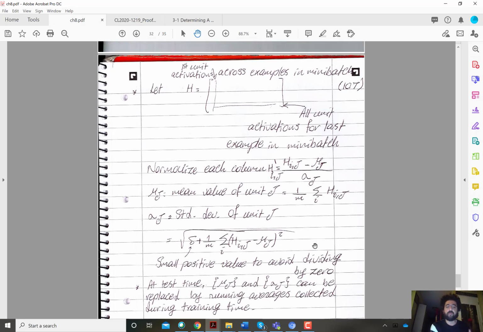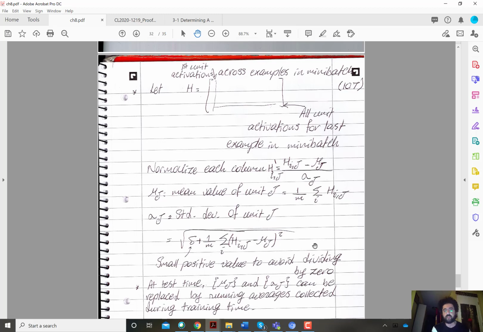Now at training time, you do that for every mini batch, right? After every training iteration. At test time, you use the running averages that are computed using the training data, because at test time, you cannot assume that you have access to a group of examples.